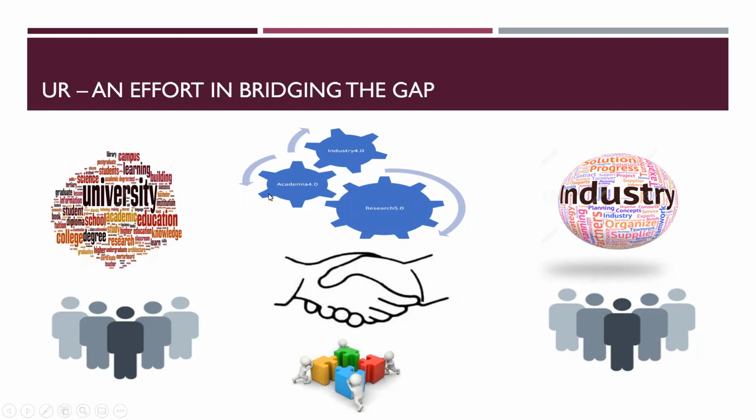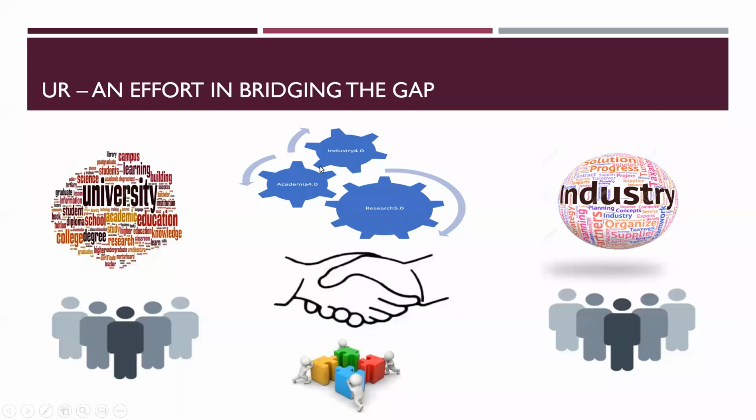Now the whole effort is going into bridging this gap, so that once academia is done with their courses, they are ready for the job. And when they get into the industry, industry welcomes them, because they need not invest further in training and upskilling them.